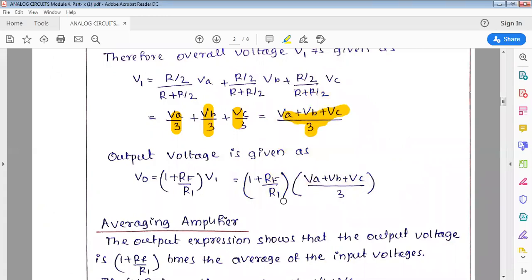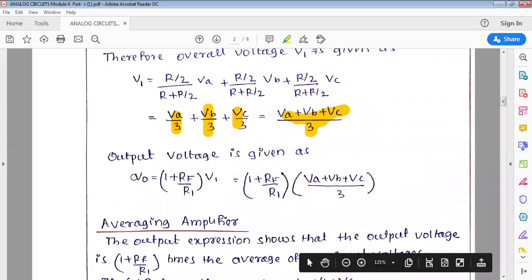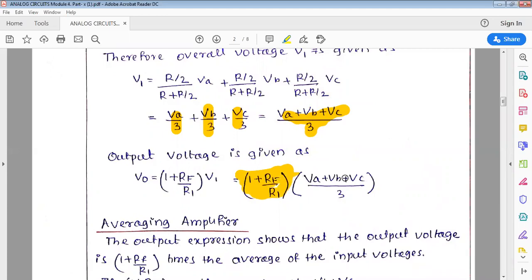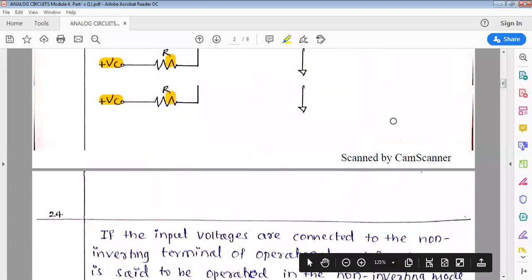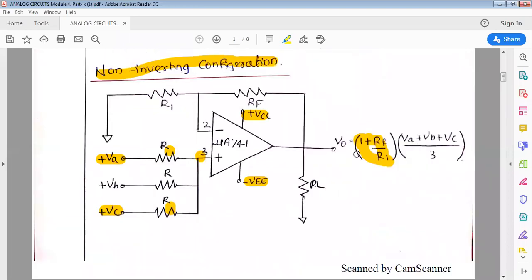So my final expression is V0 equal to 1 plus RF divided by R1 into bracket VA plus VB plus VC divided by 3. The same I had written here, if you remember. That is my final expression.